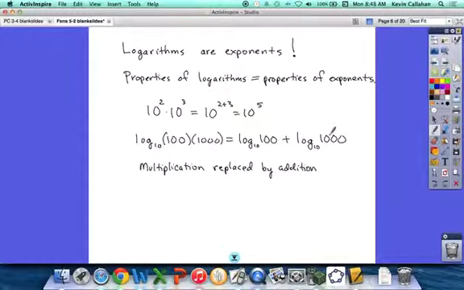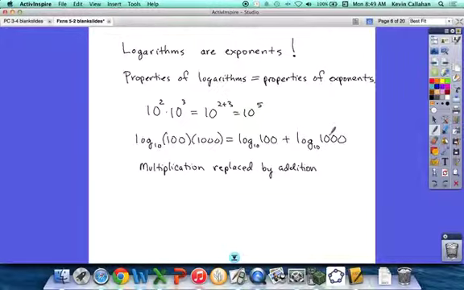Right? A multiplication problem now is an addition problem. We just have to identify all of the exponents, i.e. logarithms, for a whole bunch of numbers that all have the same base. And then we can convert all of our numbers into the logarithms and add them up. Well, that was really important.